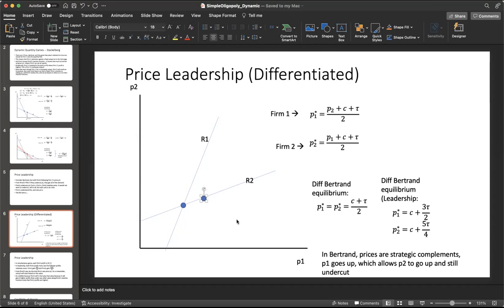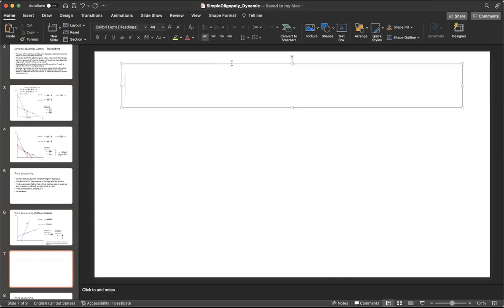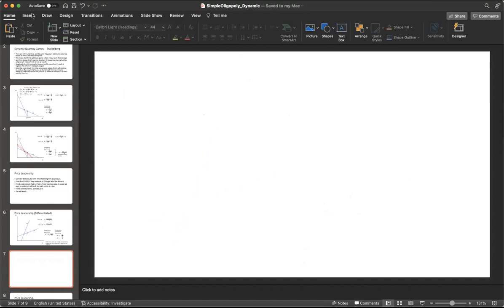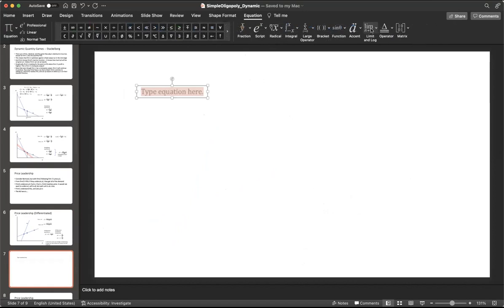Okay, so how would we do this mathematically? It's the same concept as earlier. So I'm just going to insert a text box, and then we will insert an equation.